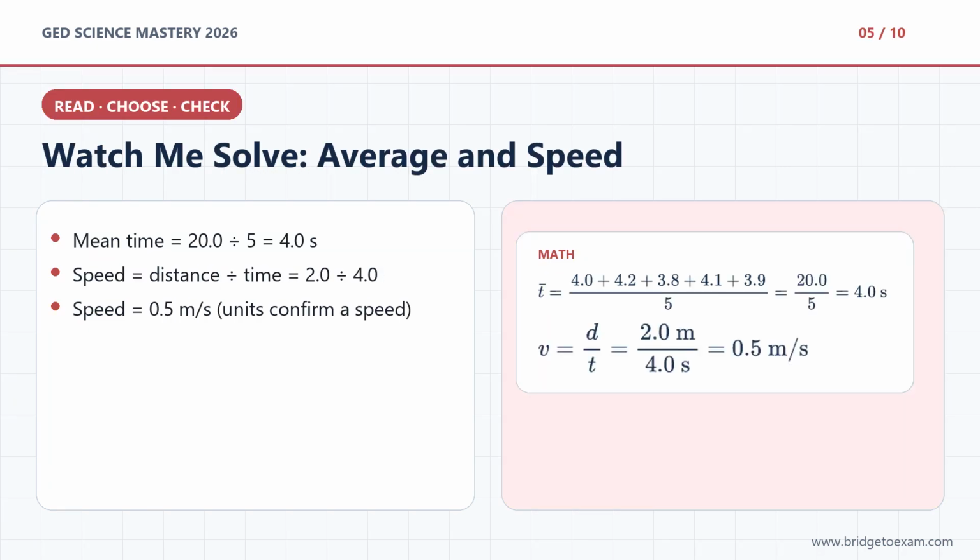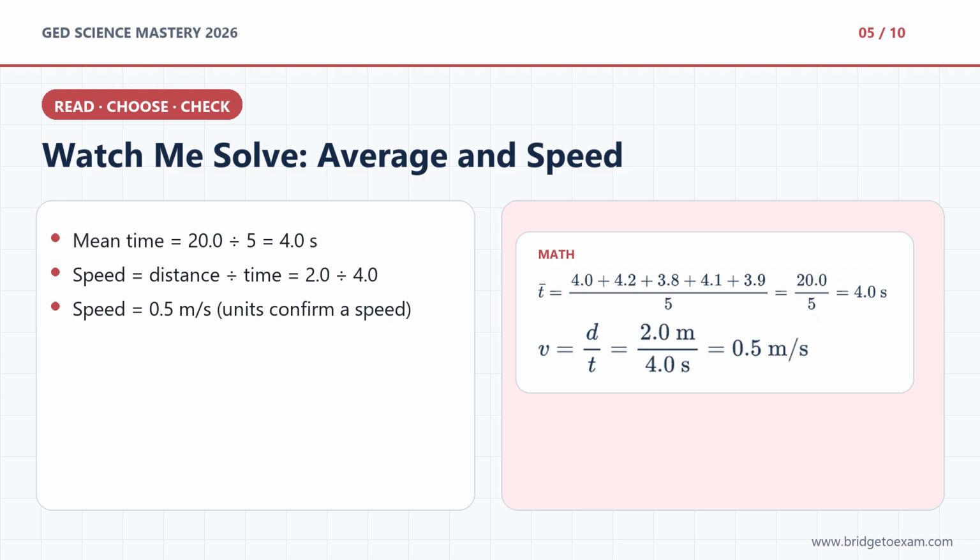Let's solve it. The question: what is the average time and what is the car's average speed down the ramp? Read. 5 times are given and the ramp is 2 meters long. Choose. First, the mean time. Add them. 4.0 plus 4.2 plus 3.8 plus 4.1 plus 3.9, that is 20.0 divided by 5, which is 4.0 seconds.